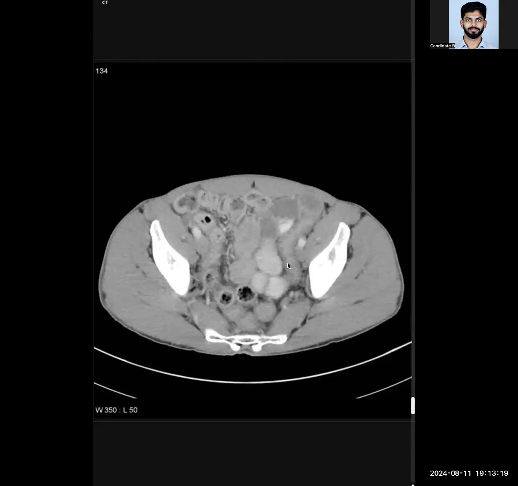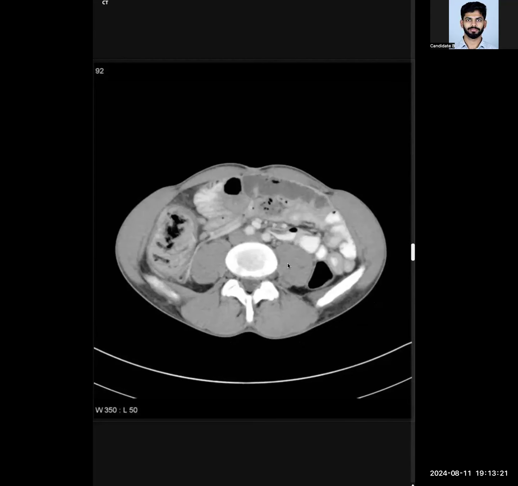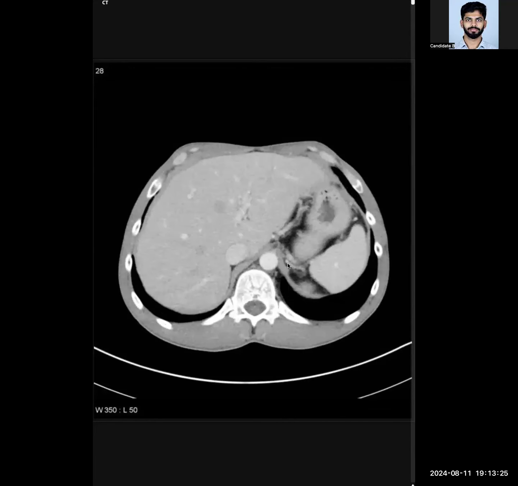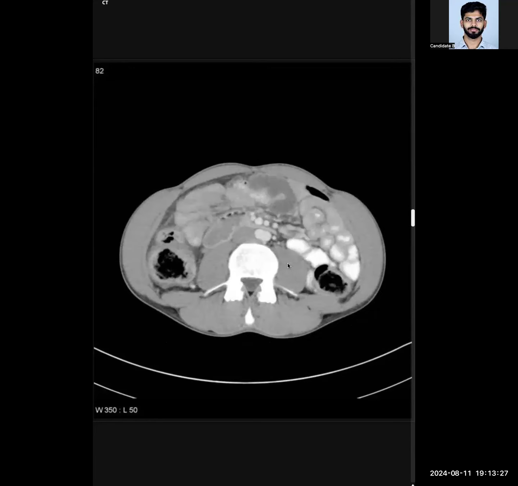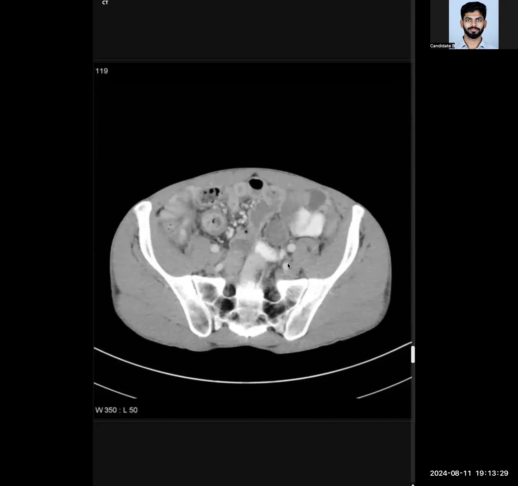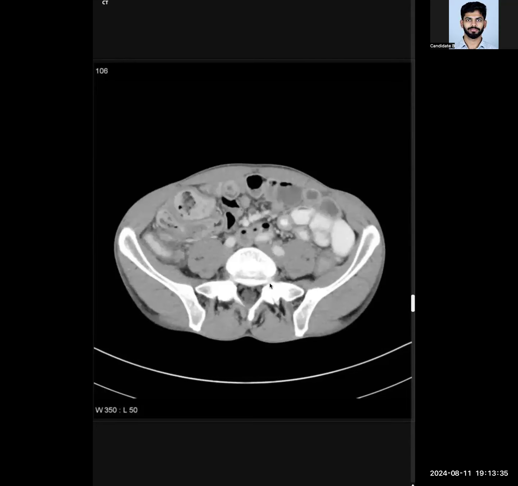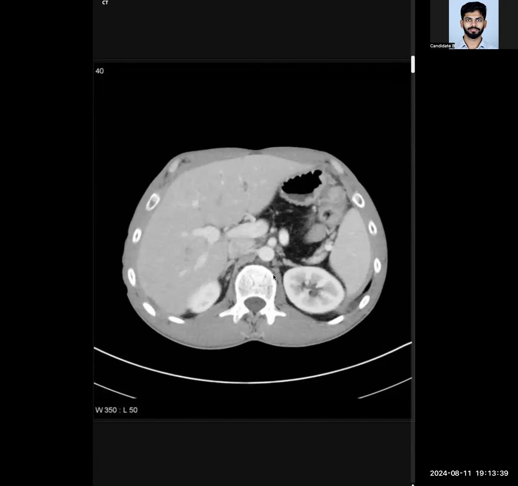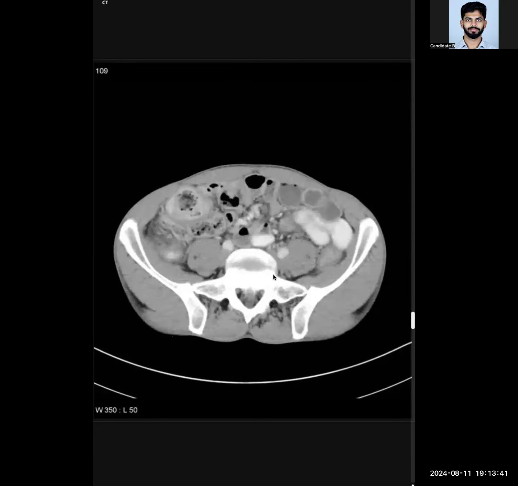In a known case of cystic fibrosis, I would think of distal intestinal obstruction syndrome. Usually it involves the small bowel loops. You can also see the large bowel loops are distended with fecal matter.